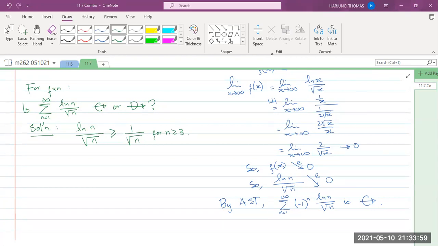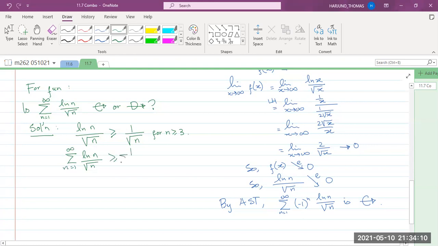So this series is bounded below by the series of 1 over square root of n, which is divergent by the p-series test, p equals 1/2, which is less than 1.